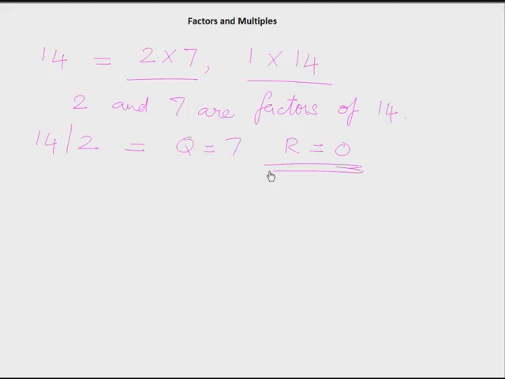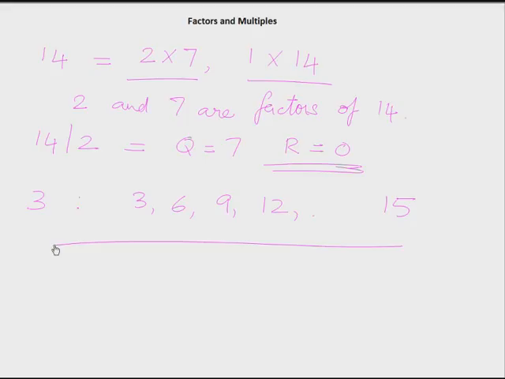What's a multiple? Well, a multiple is the opposite. If 2 and 7 are factors of 14, then 14 is a multiple of 2 and 14 is a multiple of 7. Multiples are larger numbers. So the multiples of 3, for instance, will be 3, 6, 9, 12, and so on.